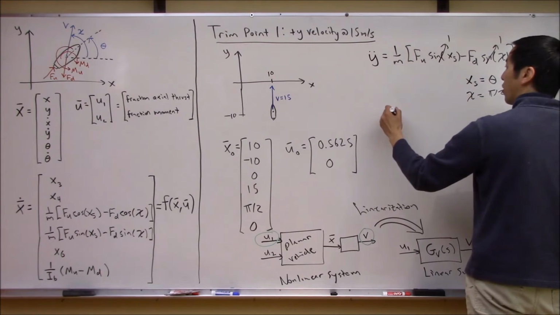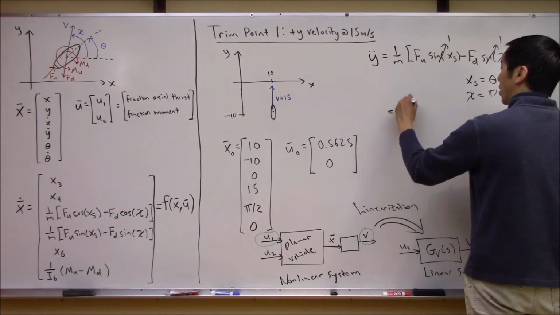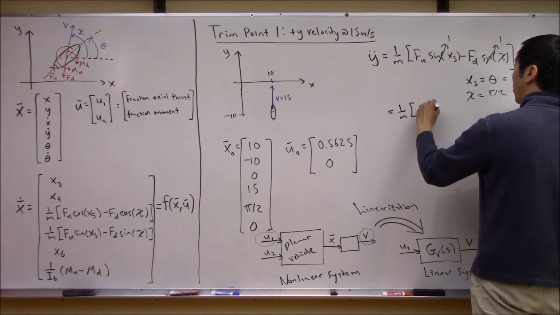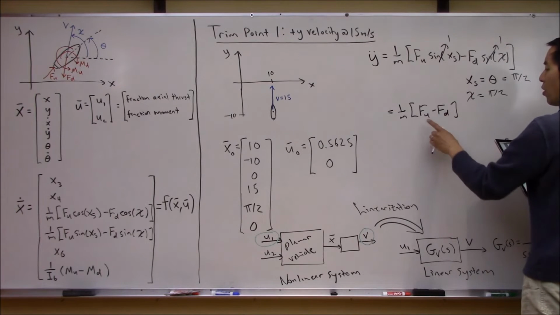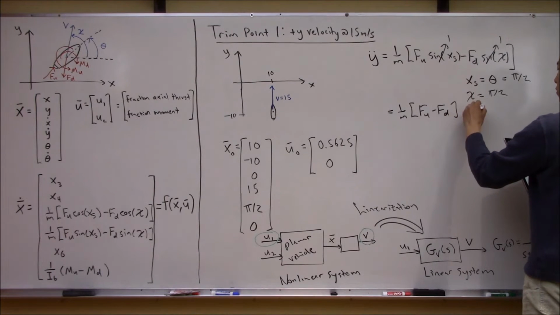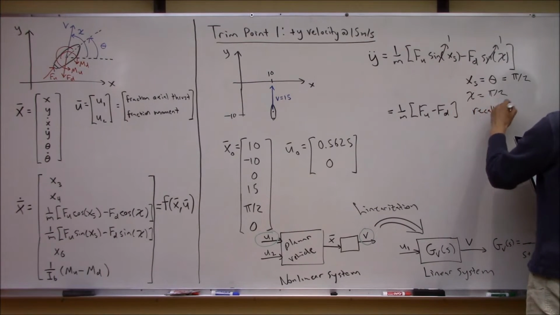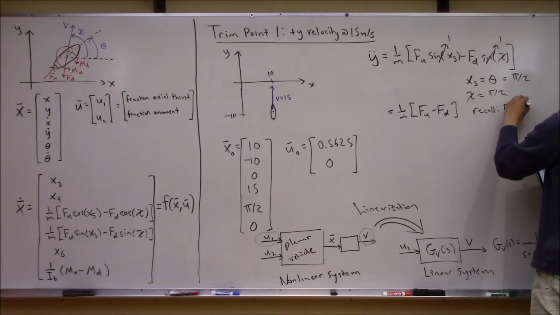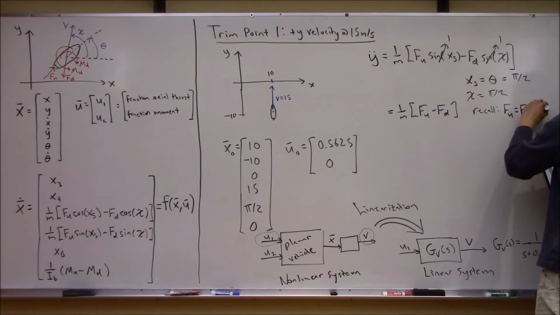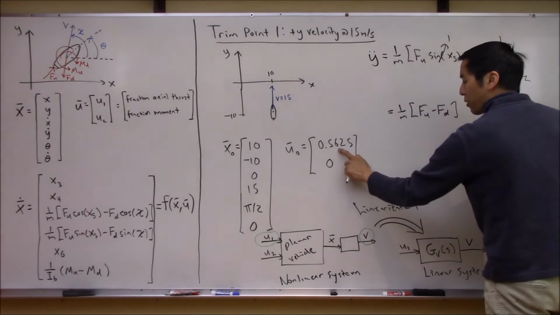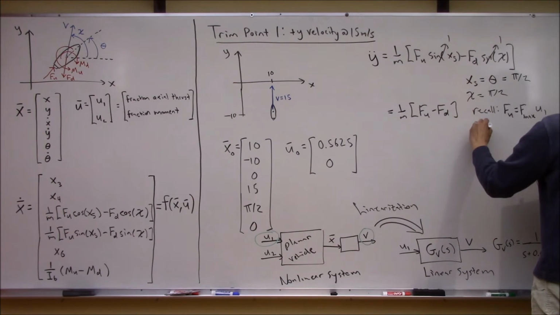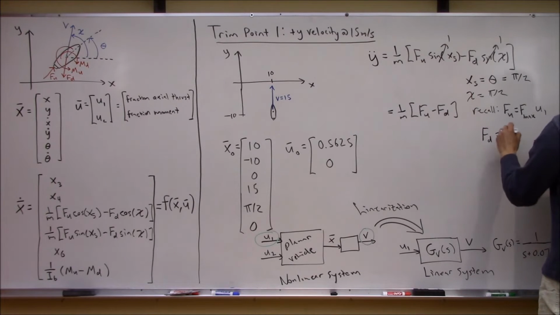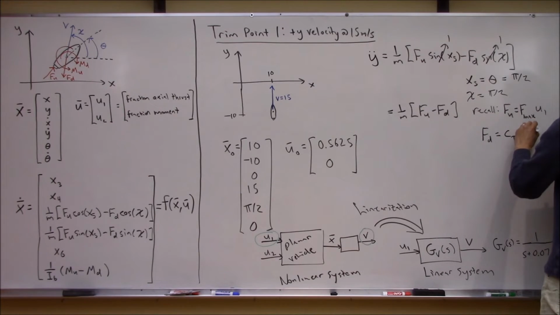So we end up with 1 over m times fu minus fd. Okay, let's remember, what was the axial force? If you recall, fu was f max times u1, the first control input. That was how our model worked. And finally, what was drag? F drag was ct times v squared.